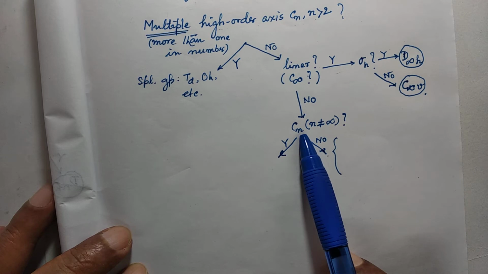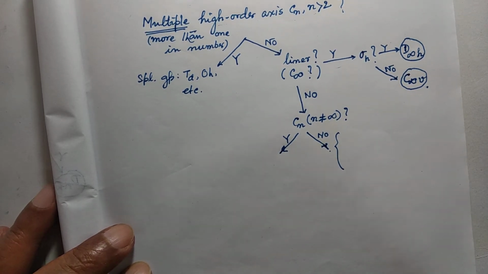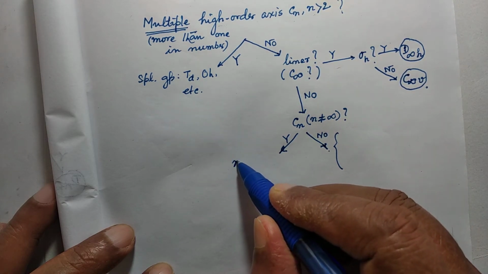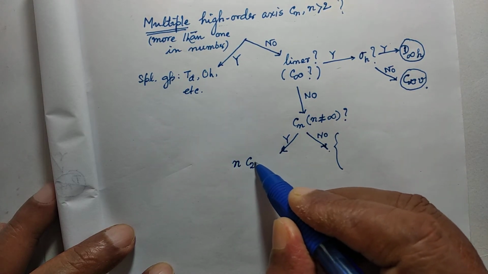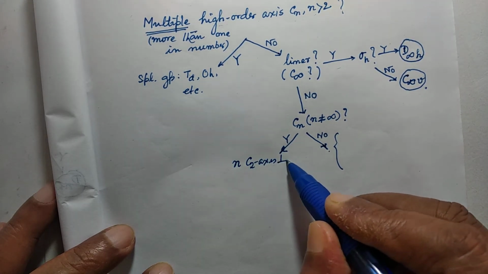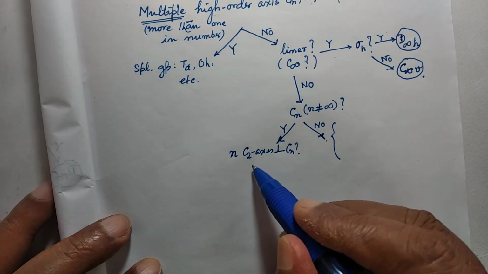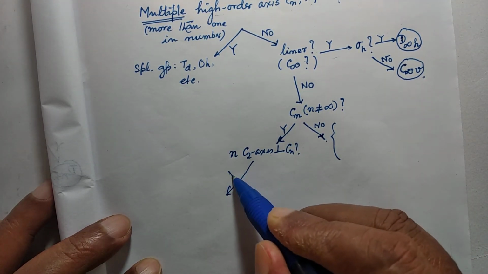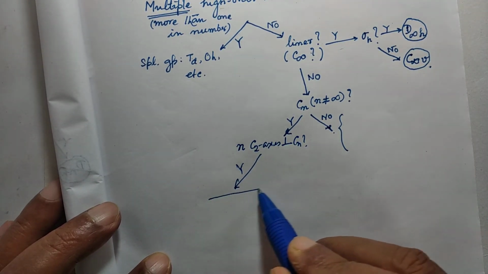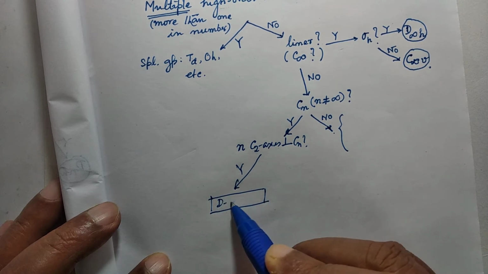If the answer is yes, then the next question is, are there n number of C2 axes perpendicular to this Cn? If the answer is yes, then the object belongs to D-type point group.